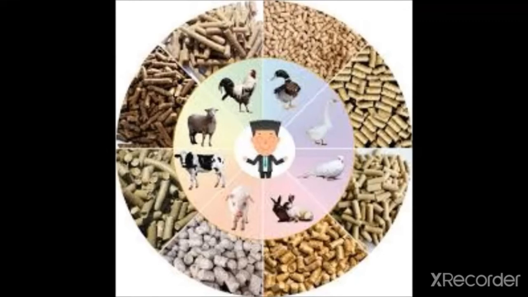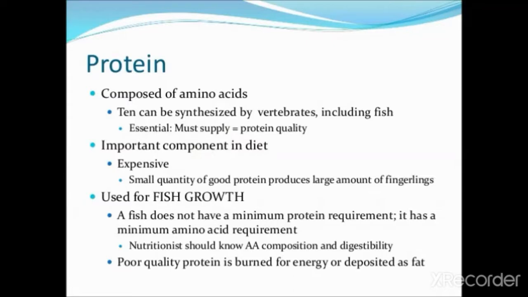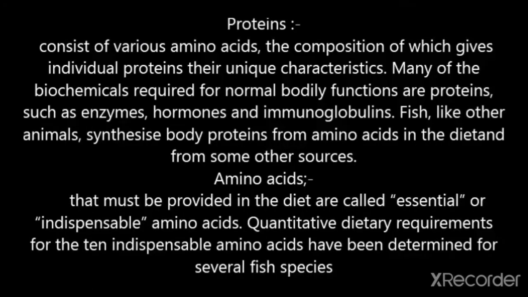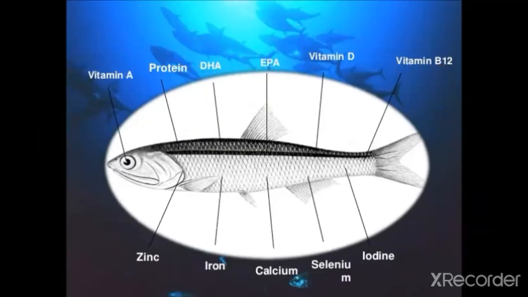These are complex organic compounds composed of a number of amino acids linked together through peptide bonds. The growth of fish in terms of muscle formation depends on the protein intake. The protein required for optimum growth is between 30 to 45% in carp. Fry of carp need feed with 50% protein.